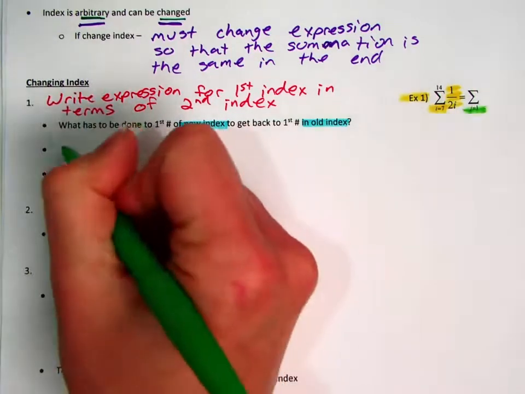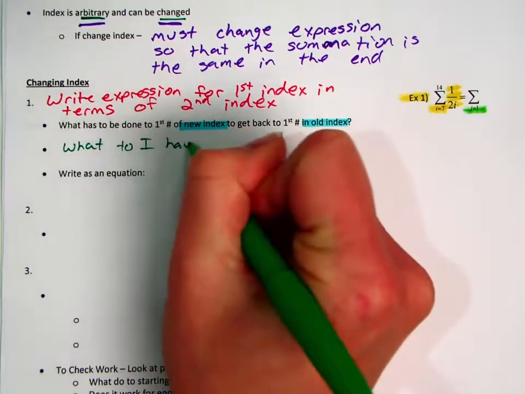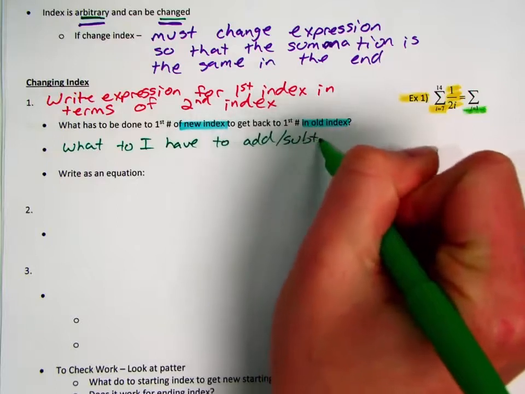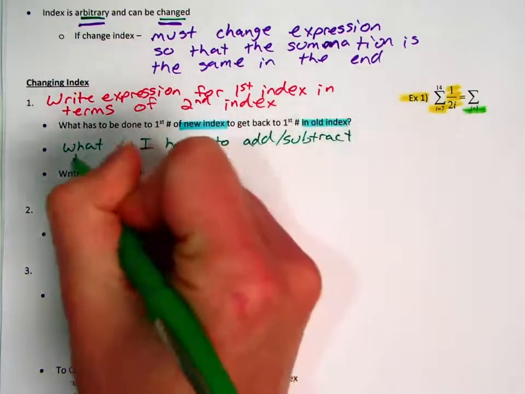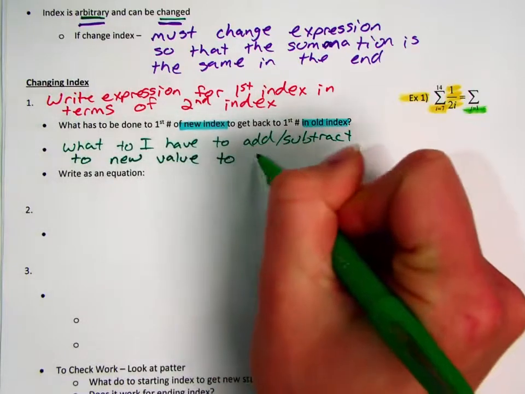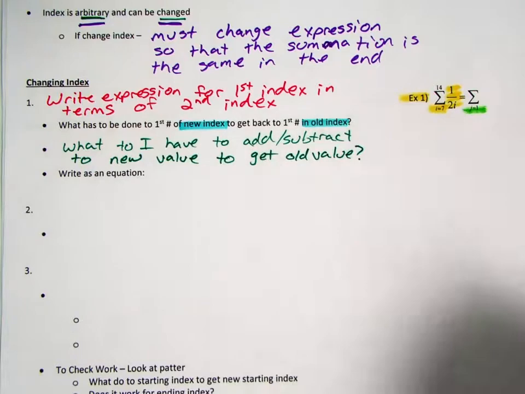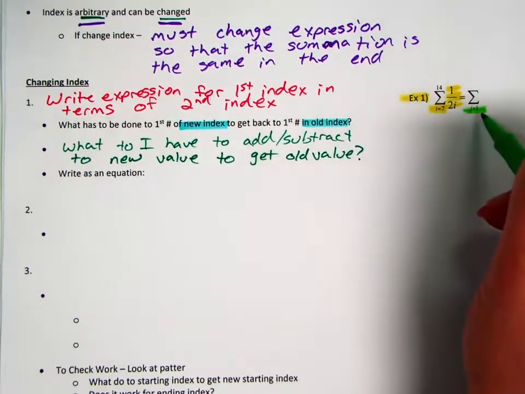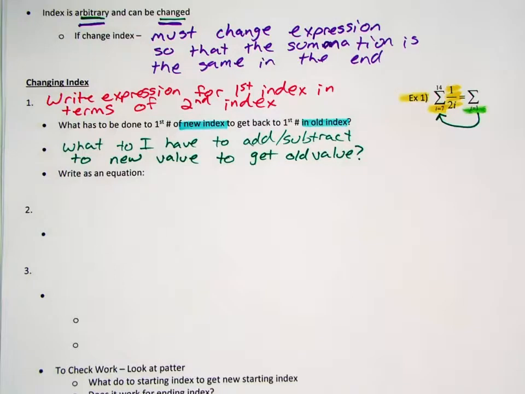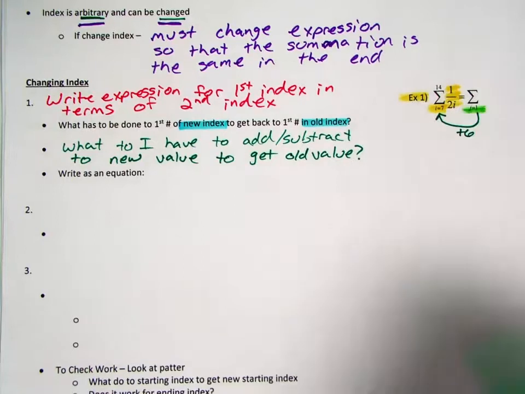So I ask myself, what do I have to add or subtract to the new value to get the old value? What do I have to do to the 1 to get to 7? Well, 1 plus 6 is 7.